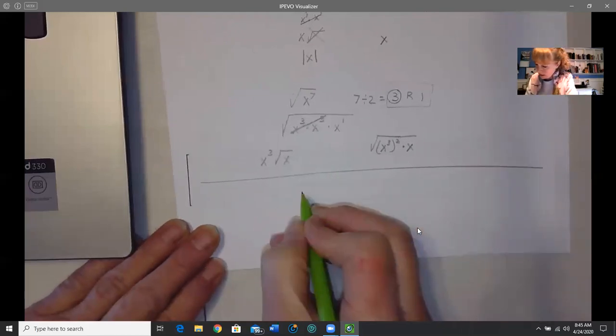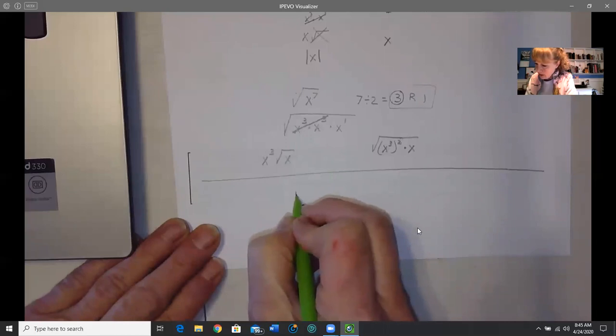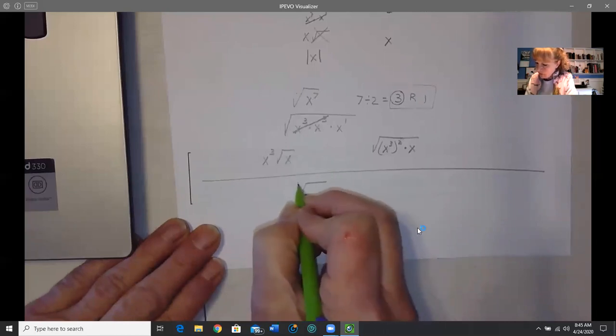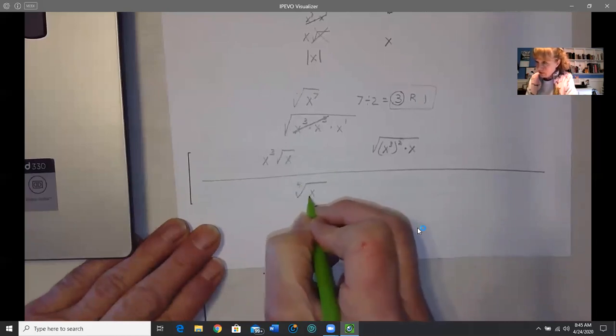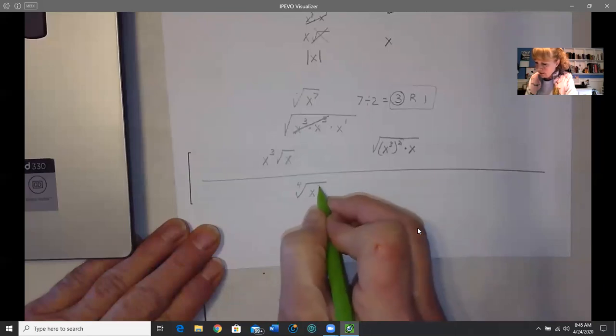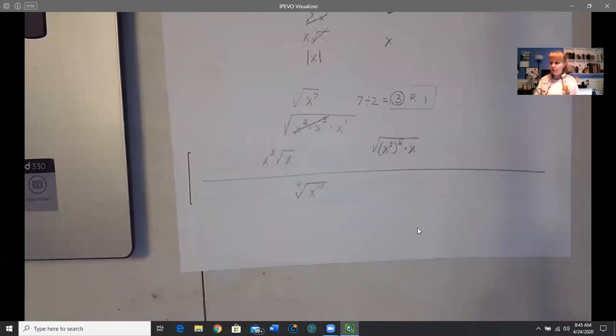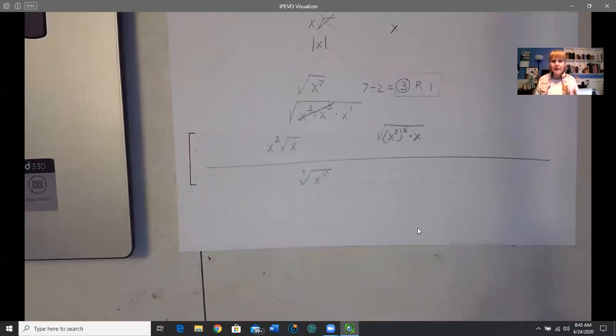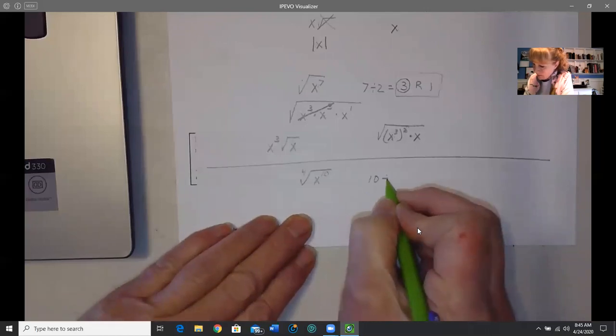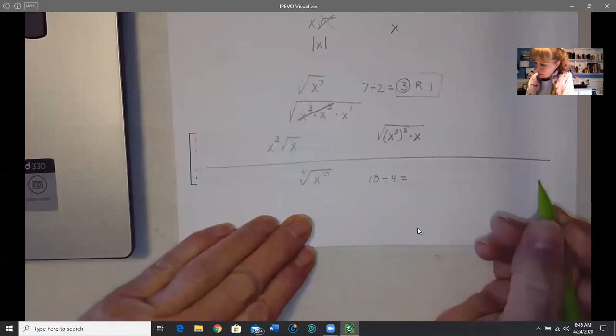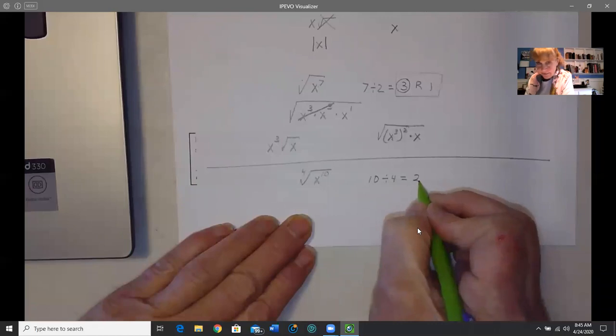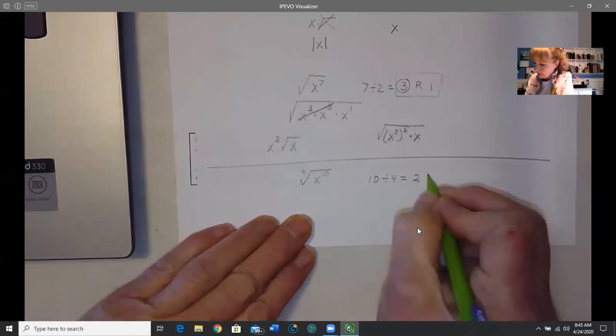It's almost an entire lesson itself. So let's do the 4th root of x to the 10th. Okay, we want the 4th root of x to the 10th. Now, I'm going to use division here. I'm going to take 10 divided by 4. And it goes twice, that's 8, with a remainder of 2.